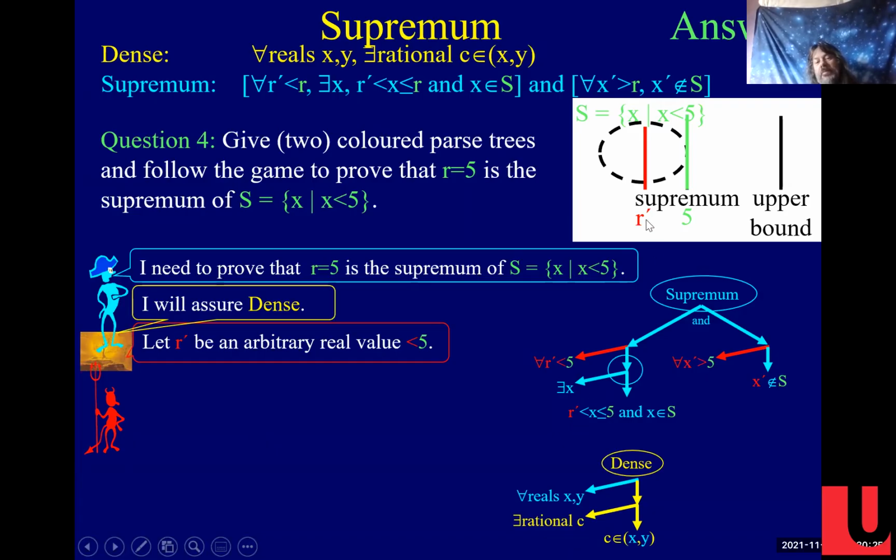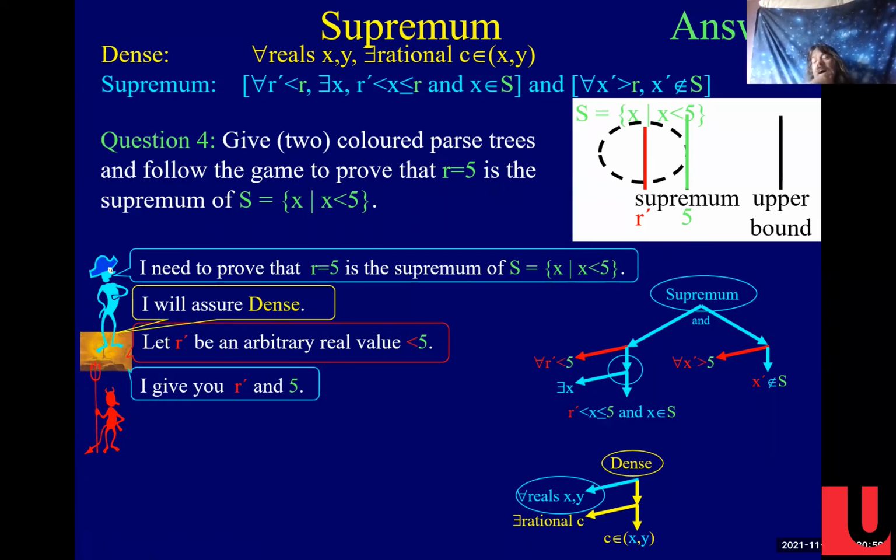I need it to be between r prime and 5, and I need it to be in the set. So to be in the set, it has to be strictly less than 5, and strictly bigger than r prime.